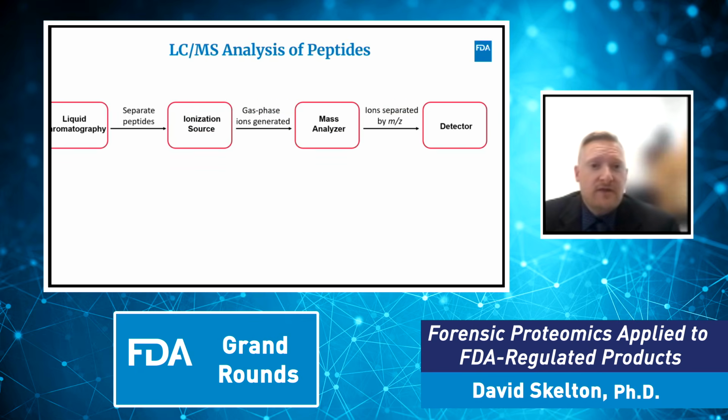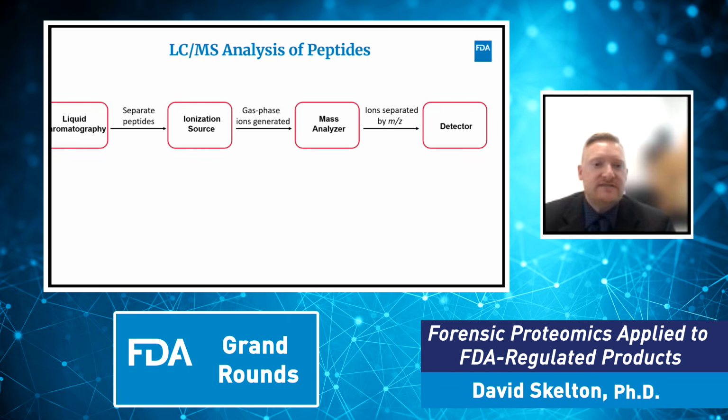While I enjoy talking about mass spectrometry, I won't go into a great amount of detail on it today, just for the sake of time. But as a general overview, what we do when we analyze these via LCMS is the peptides are injected into a liquid chromatography system. The peptides are separated from one another as they travel through a column.